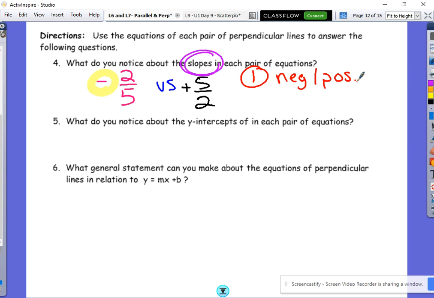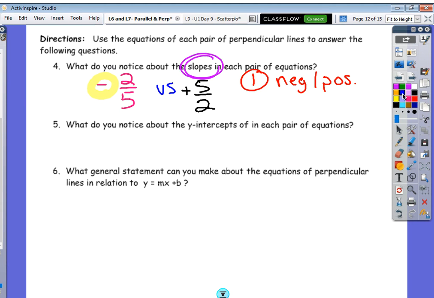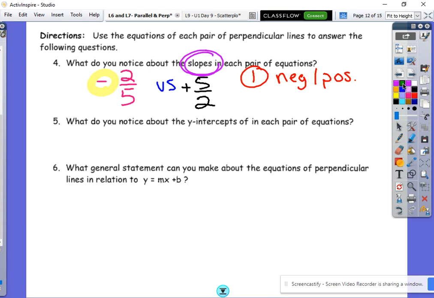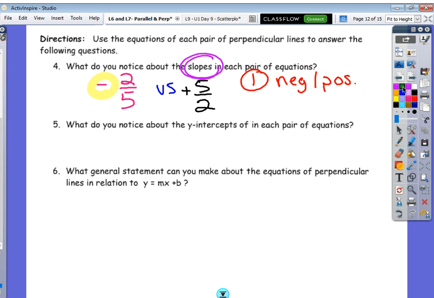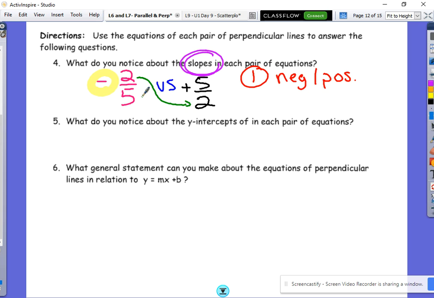The second observation is that if we were to take the 2/5 and flip it, the 2 goes to the bottom and the 5 comes to the top. So really what's happening here is we are flipping the fraction as well. That's not the mathematical term for it, so I'll put it in quotes, but we are flipping the fraction.